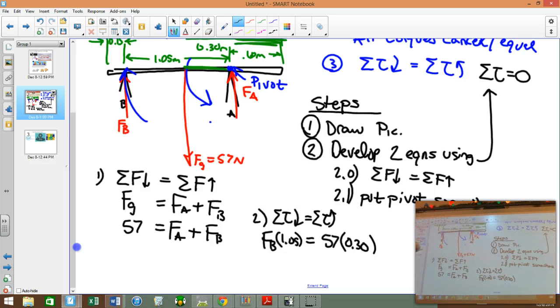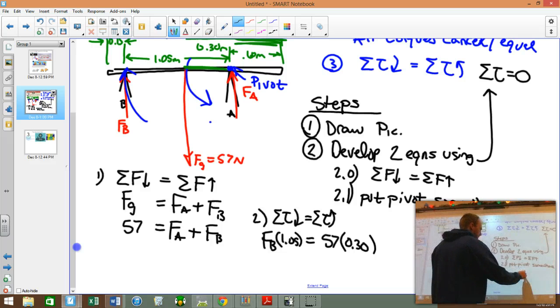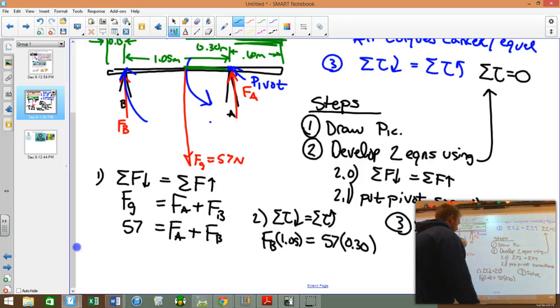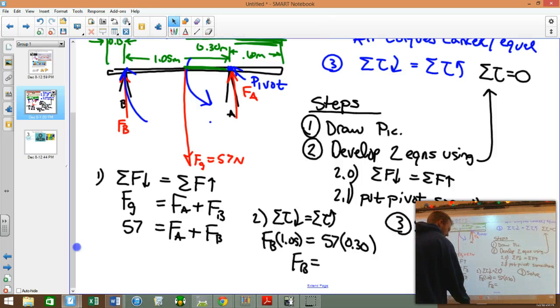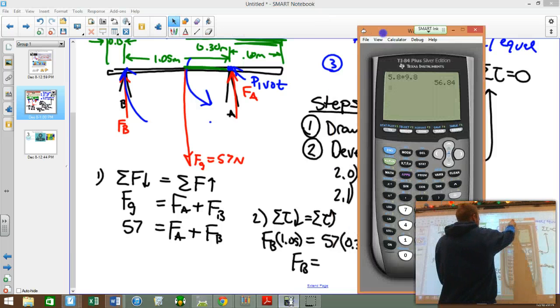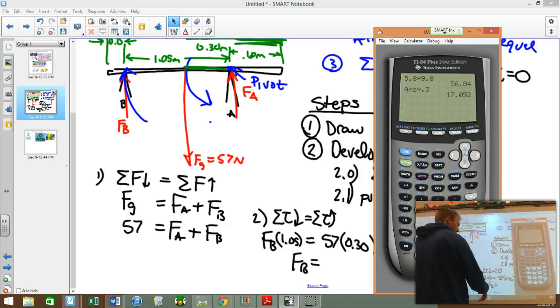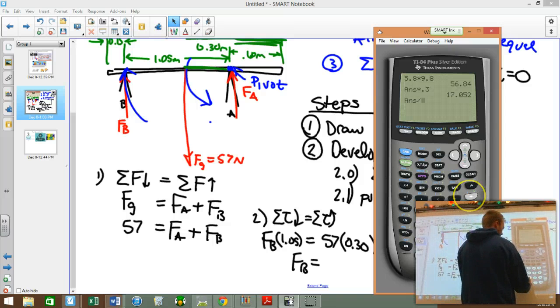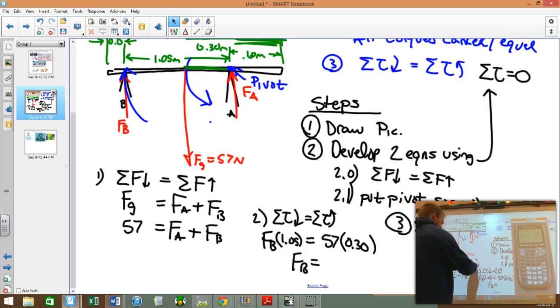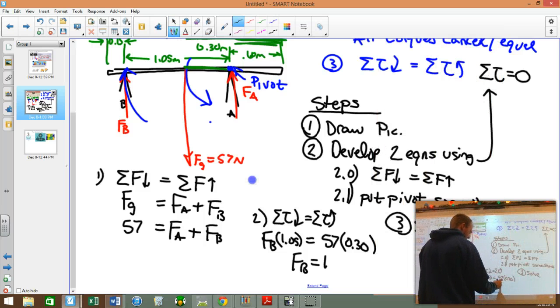So now I can solve it. I'm going to solve this for a force at B. I take 57 times 0.3, and then I divide by 1.05, and so I get 16. So the force at B is 16 newtons.